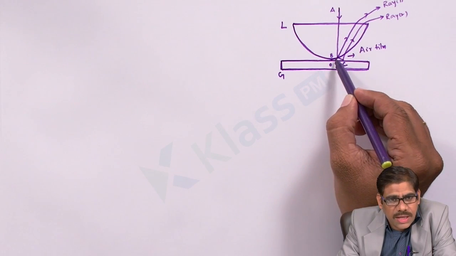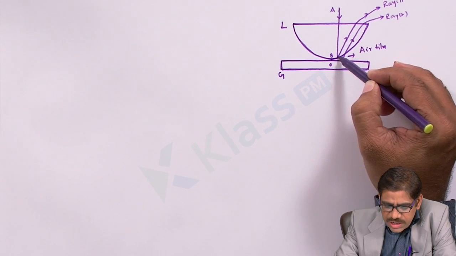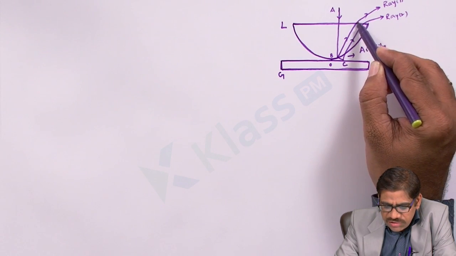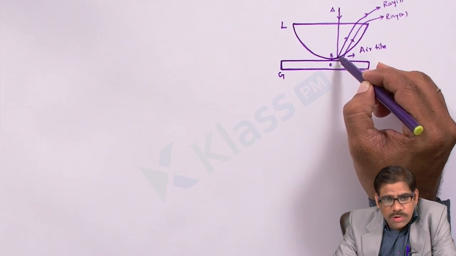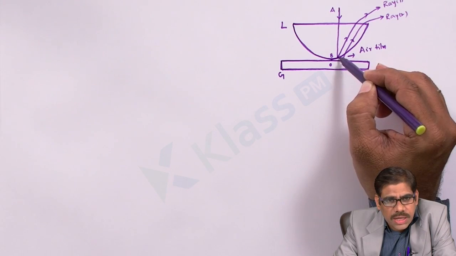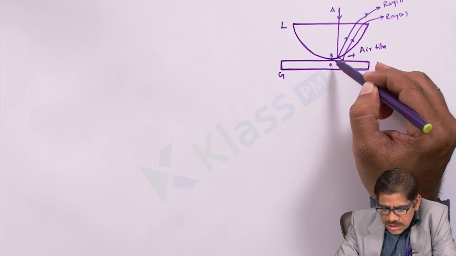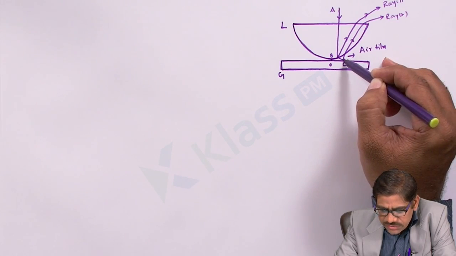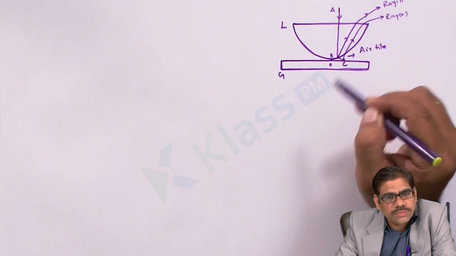This amount of light ray undergoes reflection, and the reflected light ray forms ray 1. And when the light ray at point B undergoes refraction because of the air film, that refracted ray reaches the point C, and from point C it gets reflected back, forming ray 2.